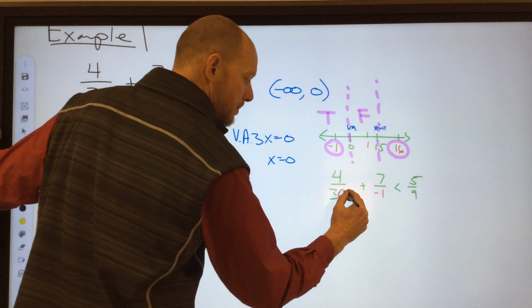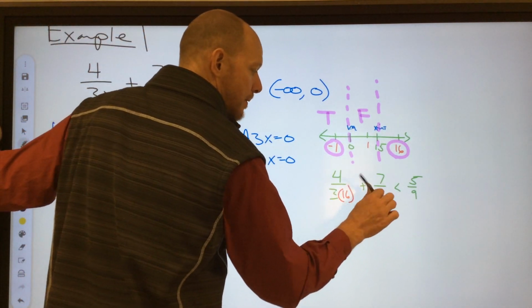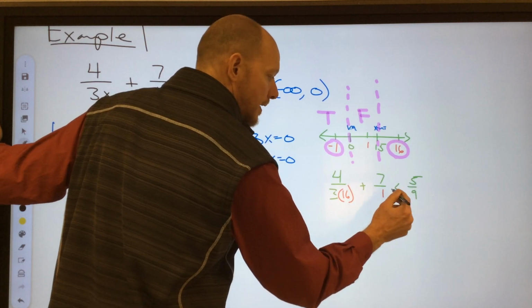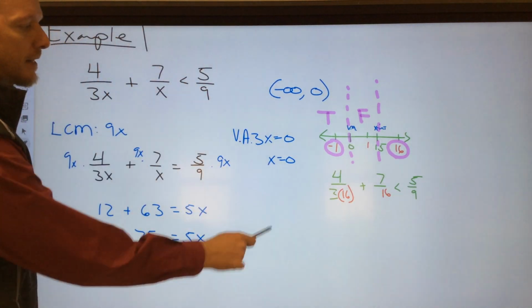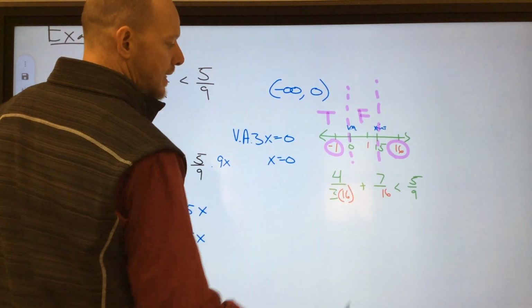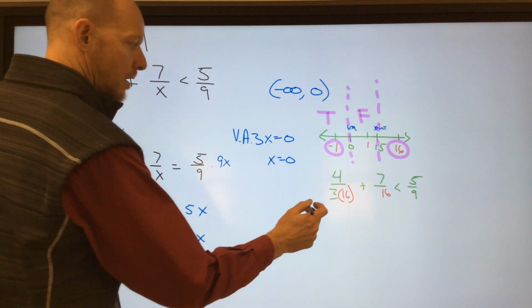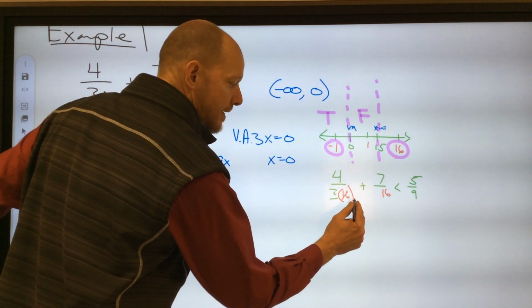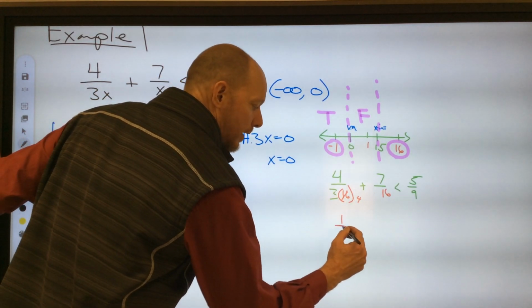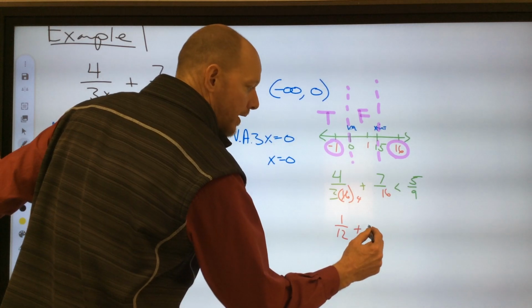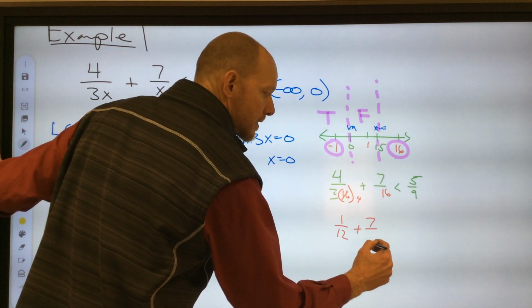This would be 3 times 16, and this would be a 16 here. So now let's see. If I'm using a 16, this is going to be 4, and 16 reduced gives me a 4, so this is going to be a 1/12 plus 7 sixteenths.